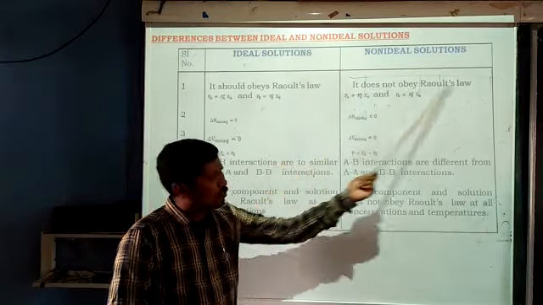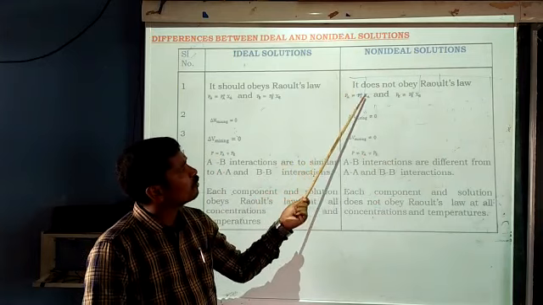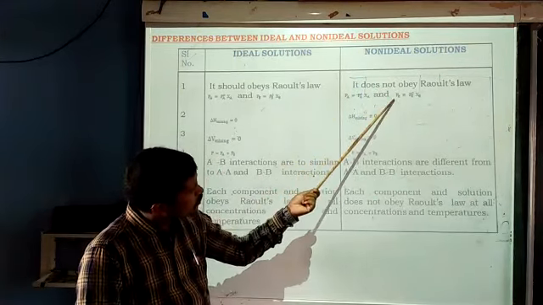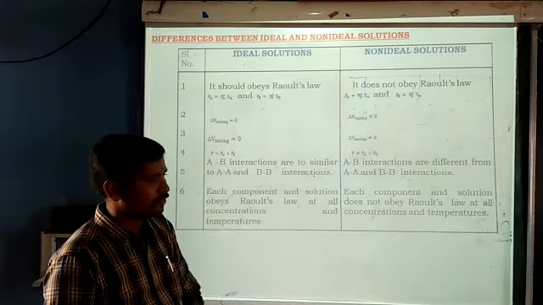That means the partial vapor pressure of the solvent is not equal to PA naught and XA, and the partial vapor pressure of the solute PB is not equal to PB naught and XB. It is the first difference.